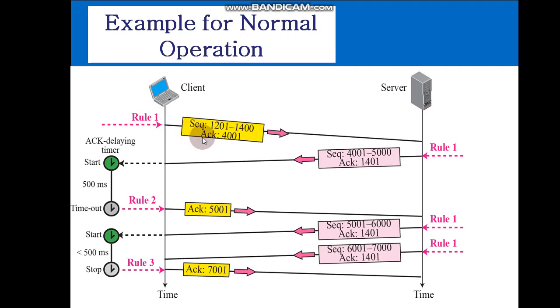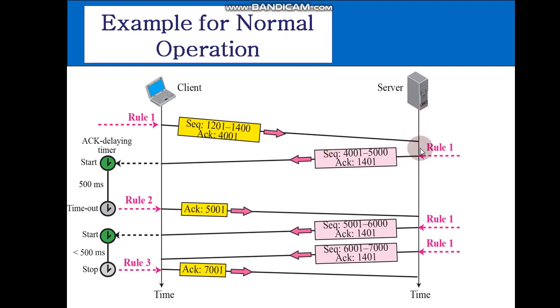It is acknowledging it as 4001, because the next segment expected by the client is number 4001. Once this data with acknowledgement number 4001 is received by the server, the server will initiate the next sequence. That is, the client is expecting sequence number 4001.